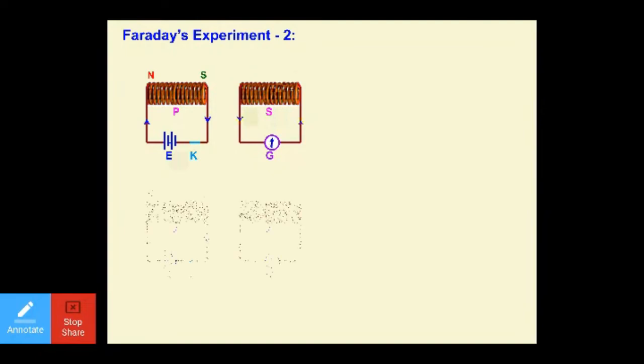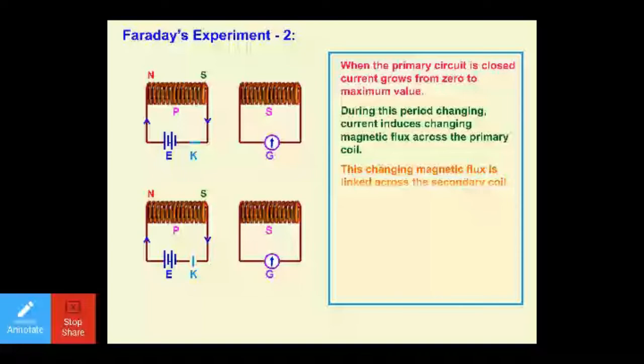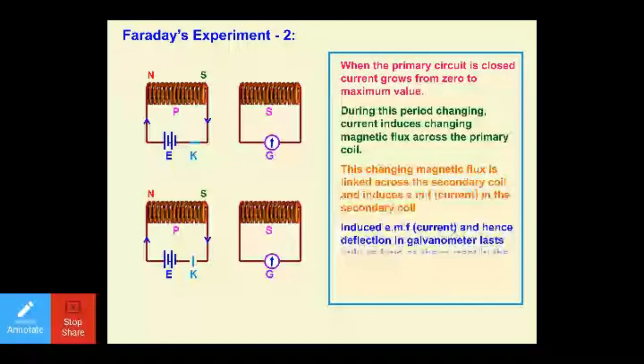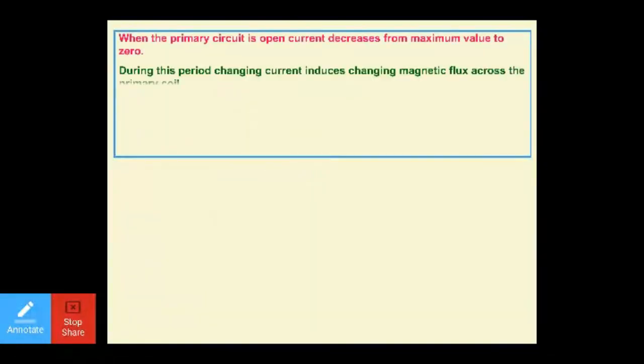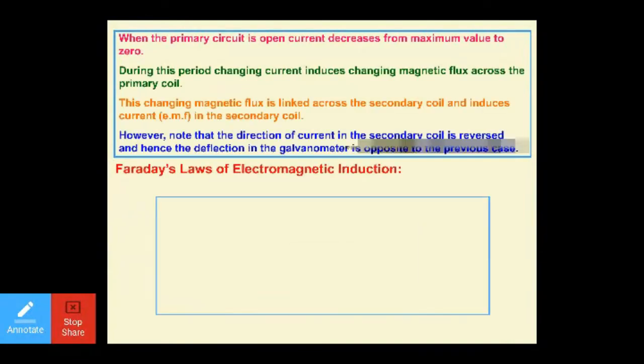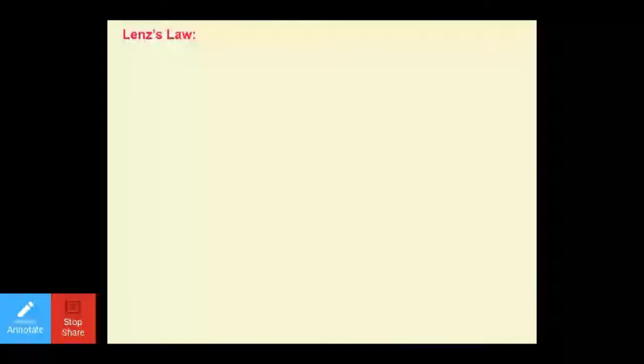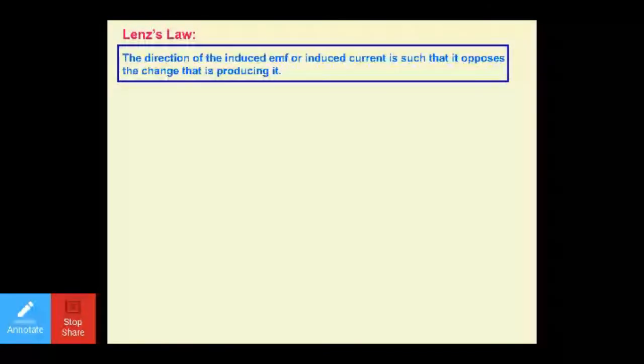So dear students, what do they want to say? Okay. So what is happening? You'll be supplying the clockwise current, and what is getting developed? That is anti-clockwise current. So that is why it is said that the direction of induced EMF or induced current is such that it opposes the change that is producing it.